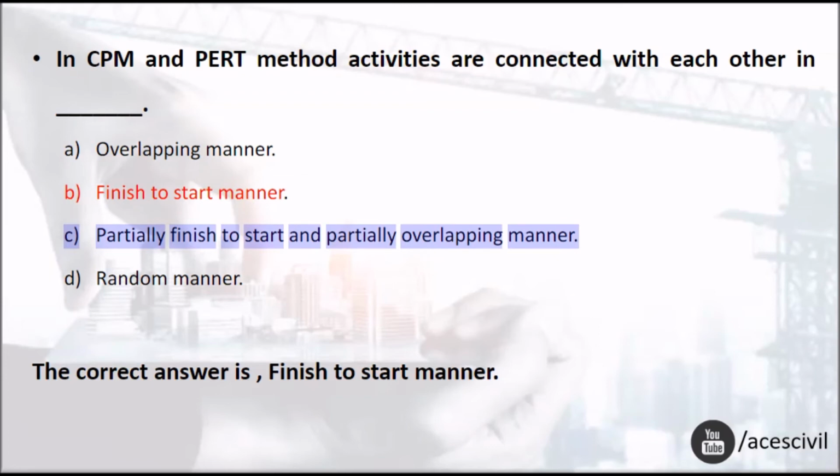C. Partially finish to start and partially overlapping manner. D. Random manner. The correct answer is finish to start manner.